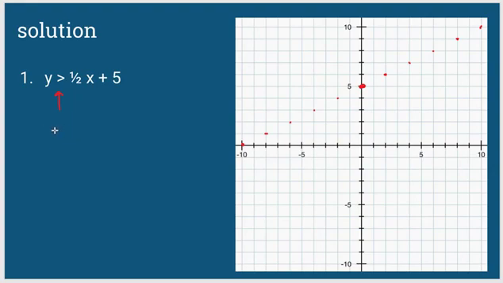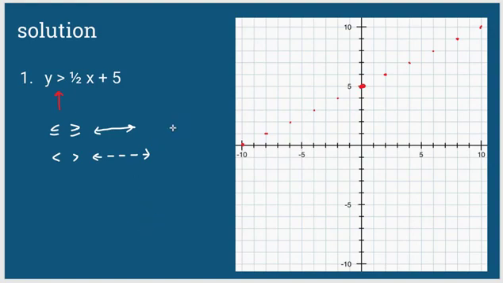If I have an equal part, so if it's less than or equal to or greater than or equal to, I'm going to use a solid line. If there is no equal part, meaning that the points right on the line don't actually make a true statement, so we have just a less than or just a greater than, I'm going to use a dotted line, or a dashed line, to connect them all together.